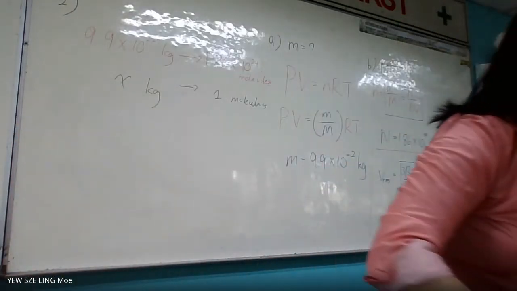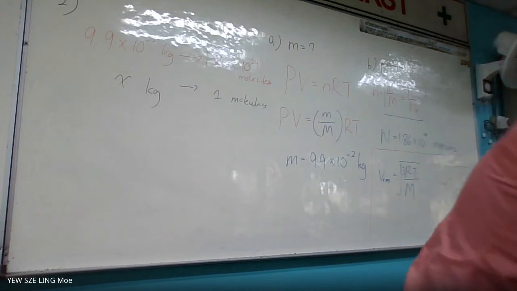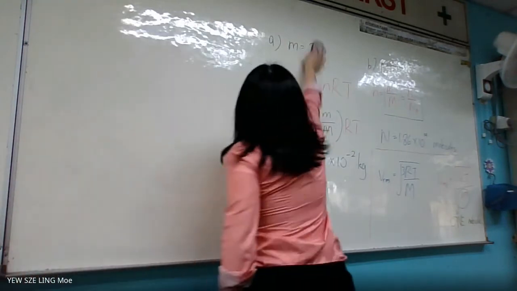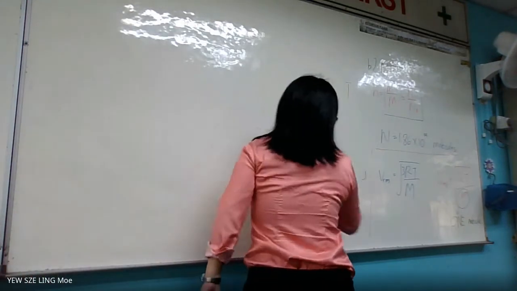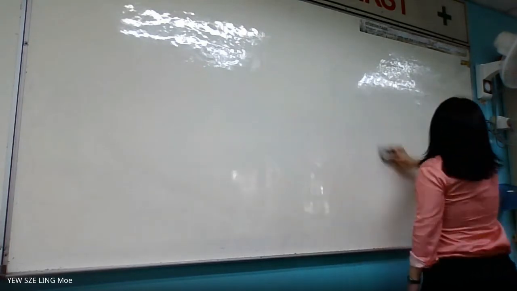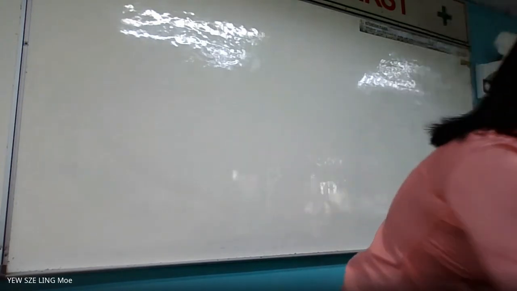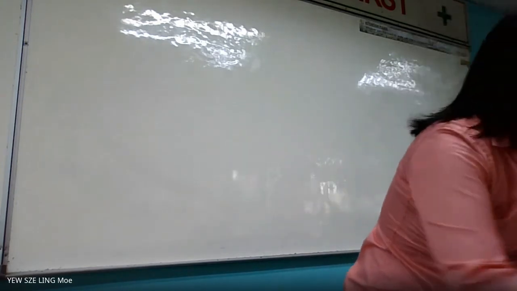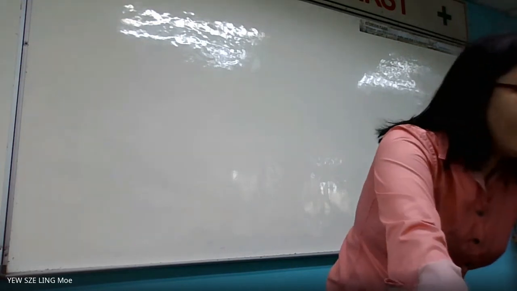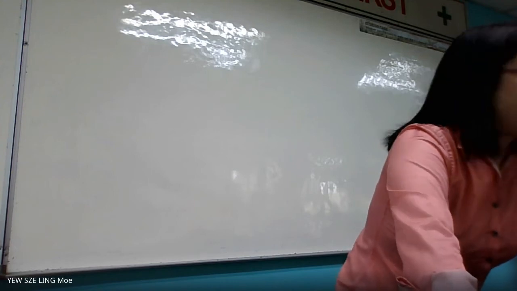Okay, so if you're done, then look at question number 3. Question number 3 is just a very simple question. Question number 3: the root mean square speed of an oxygen molecule in a container of oxygen gas is 625 meters per second.